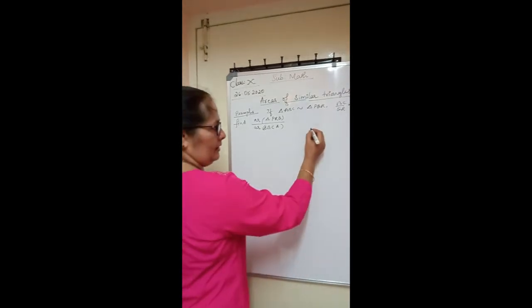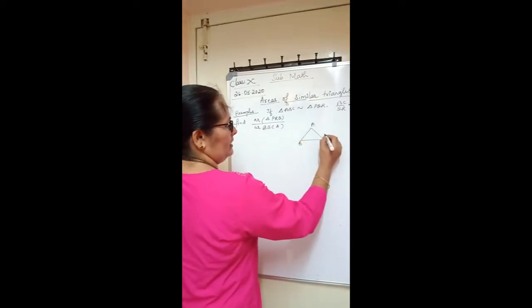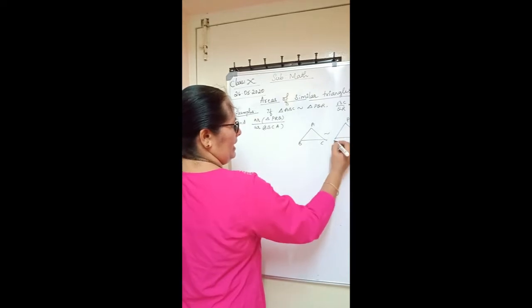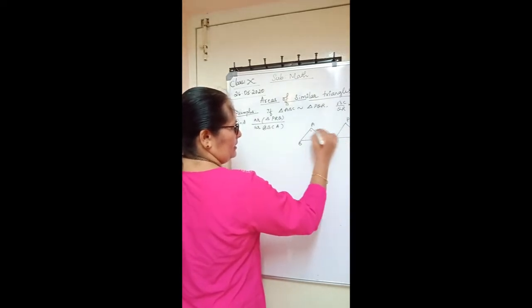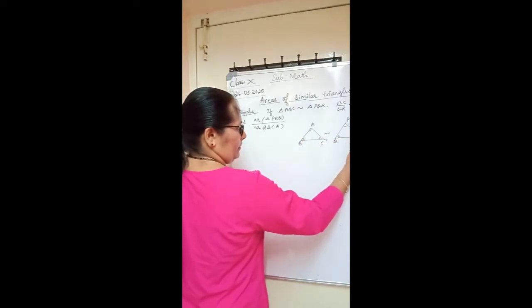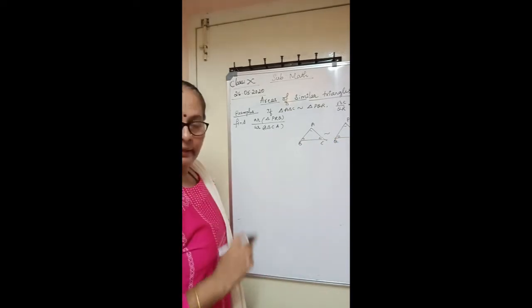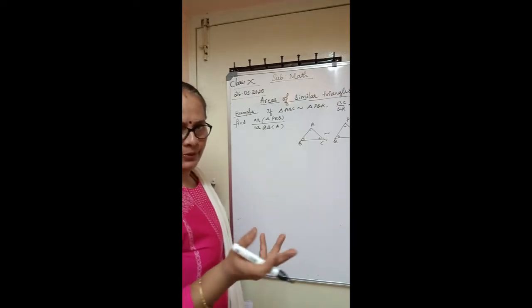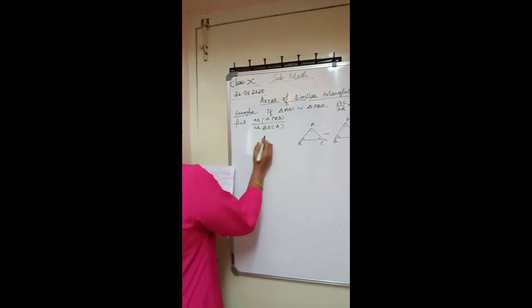First, draw the figure, triangle ABC, which is similar to triangle PQR. So angle A equals P, angle B equals Q and angle C equals R. When the two triangles are similar, their corresponding angles are equal and sides are proportional.